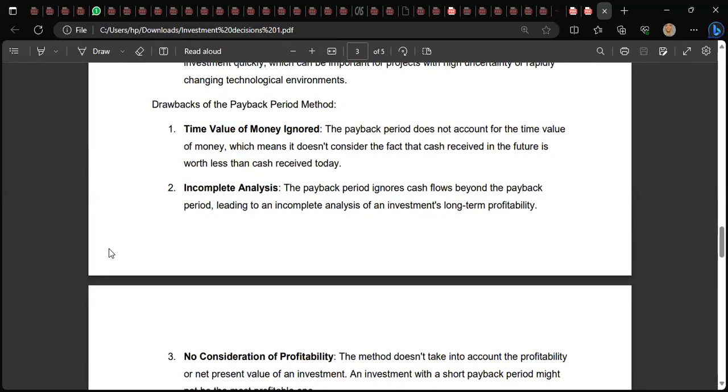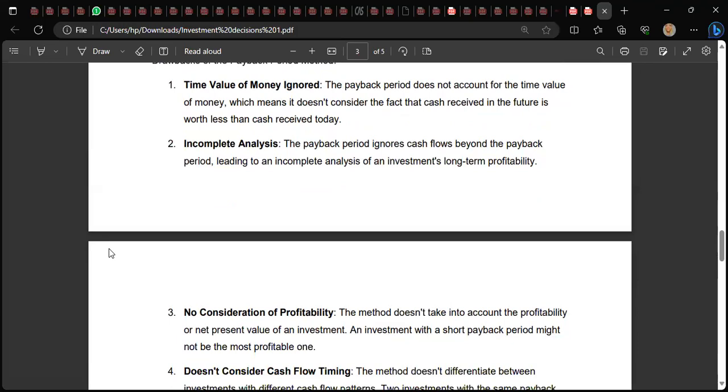So we only deal with how soon we can get back the initial funds. Once we've gotten back the initial funds, we basically ignore everything there. And then there is no consideration for profitability. We are simply dealing with cash, right? So an investment with a short payback period might not be the most profitable one.